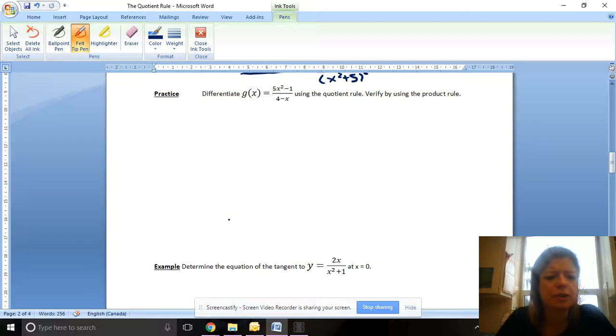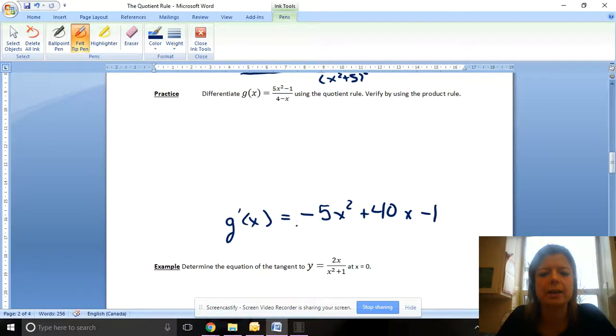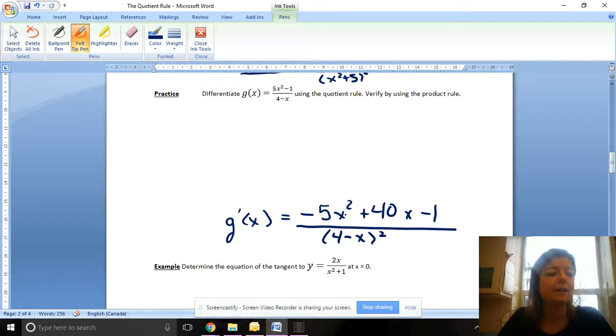Okay, so what you should get in both cases is, once simplified, minus 5x squared plus 40x minus 1 all over 4 minus x all squared. So just be careful with your negatives as you're doing this. I know I had to really think about that because there's like 3 negatives in a row. You got to think what that does. But I really do want you to pause right now and try this because then we go into a little bit more complicated stuff.